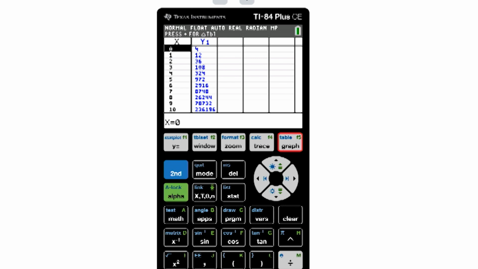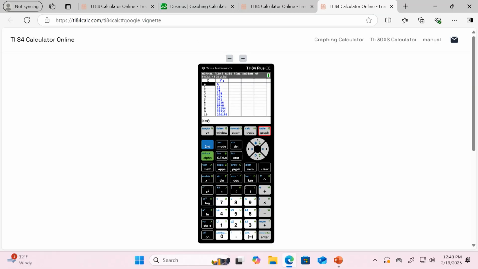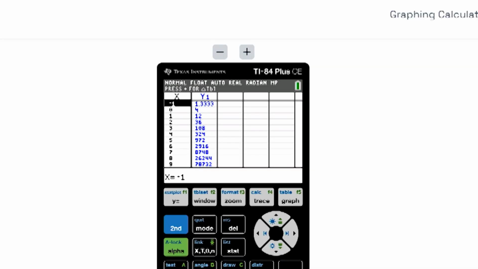Now, it wants to know which ordered pairs are on this graph. So it has (-1, 4/3). So let's look up -1. Well, Ms. Killen, I have 1.33. Is 1.33 4/3? Yes, it is. So my first one is an answer.